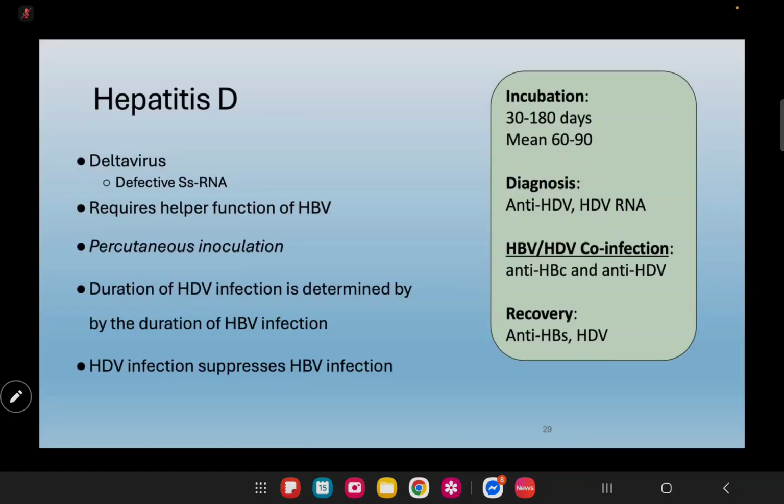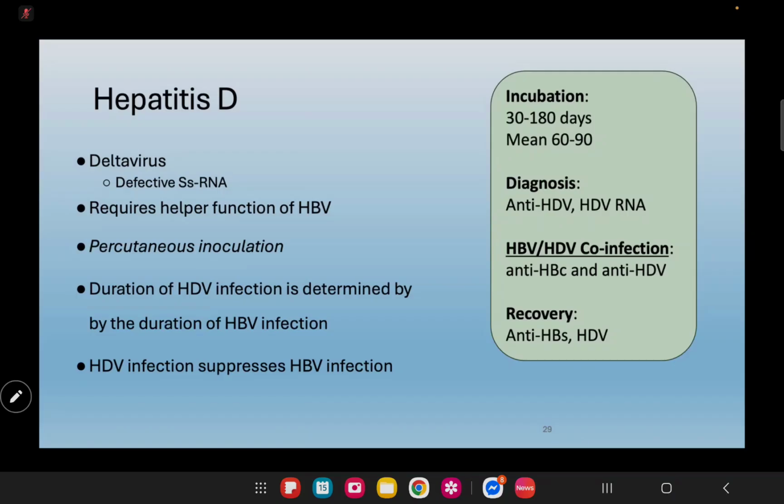The incubation period of hepatitis D ranges from 30 to 180 days with a mean of about 60 to 90 days. Diagnostic markers include anti-HDV antibody and HDV RNA detection by PCR. So here, it's easy, just like hepatitis C, there are only two markers, unlike hepatitis B. In Hep B, Hep D co-infection, both the anti-HBc and anti-HDV are detectable.